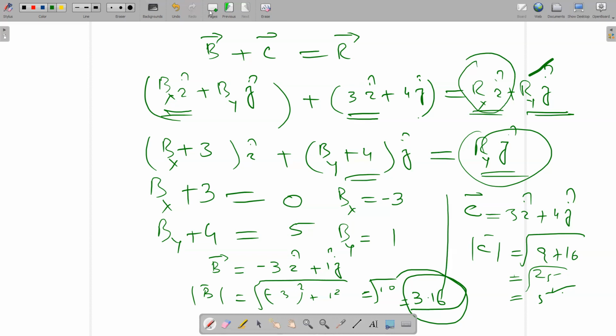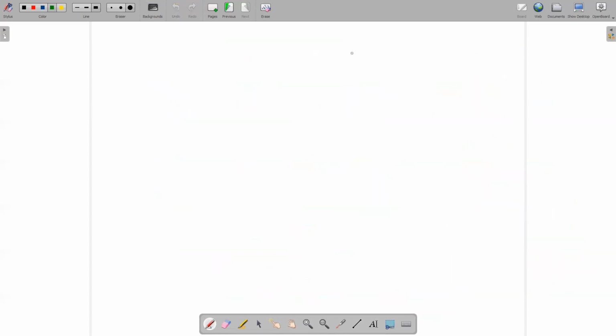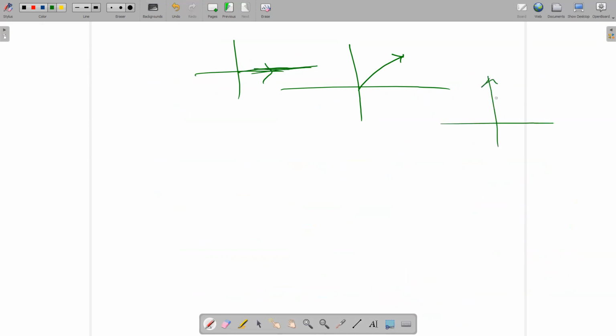Last time I explained to you that if you have this vector, how many components does it have? It has 2 components. If we have this vector, how many components does it have? It has 1 component, only along the x-axis. If we have this vector, how many components does it have?